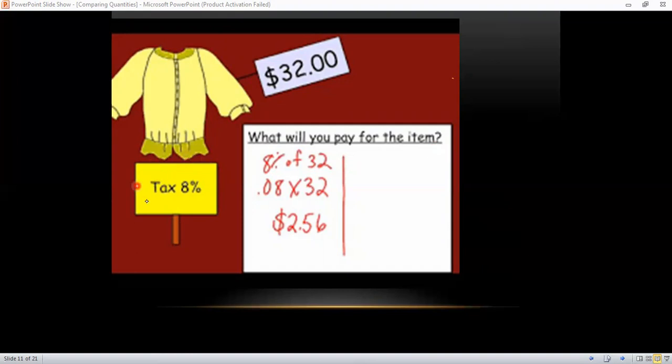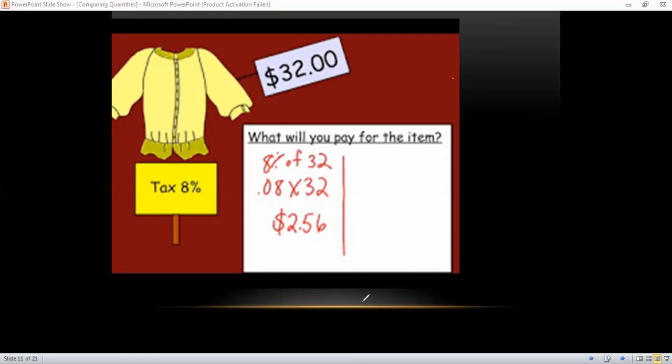And the tax on this dress is 8%. So 8% of the value, the price of the dress. That means we will apply 8% of 32. So 8% of 32 would be $2.56.